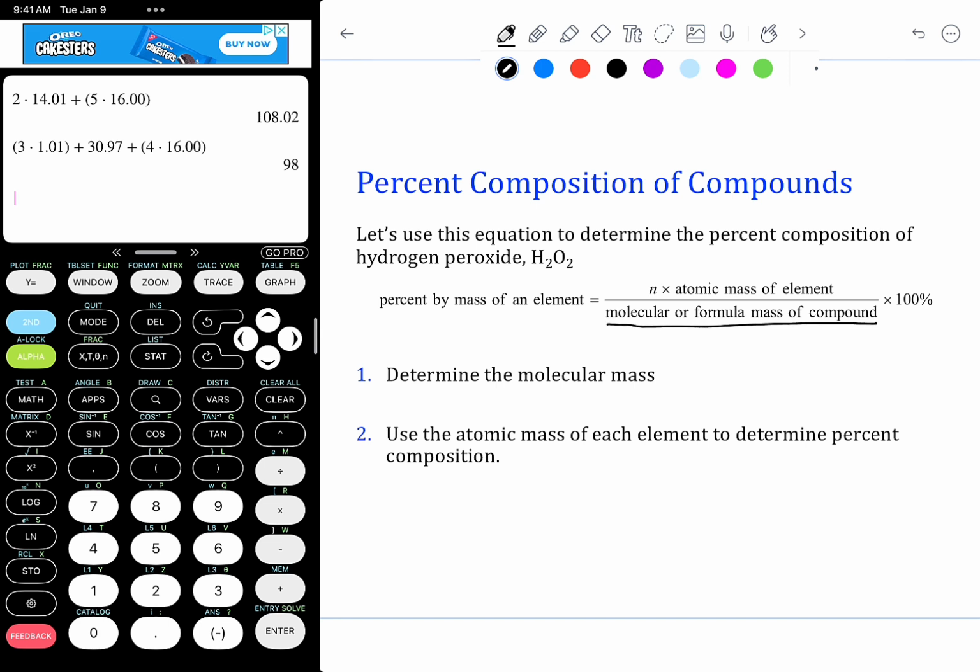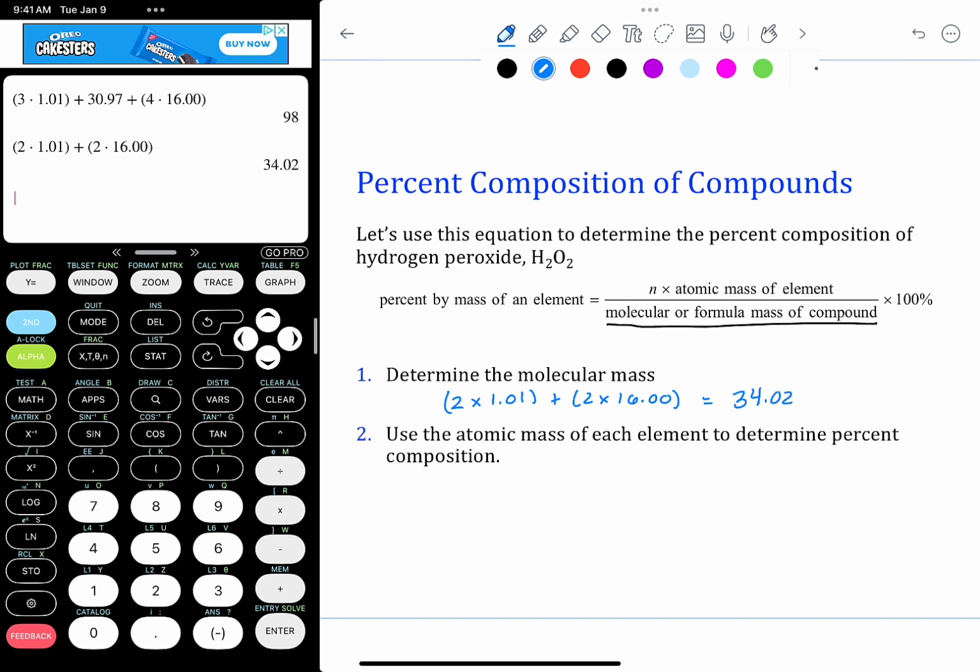To find the molecular mass of H2O2, we take 2 times the mass of hydrogen, add to that 2 times the mass of oxygen, and we get that the molecular mass is 34.02 AMUs.